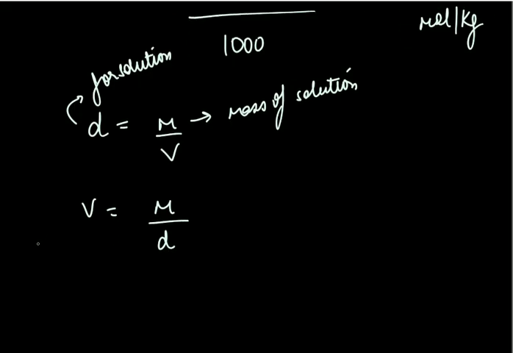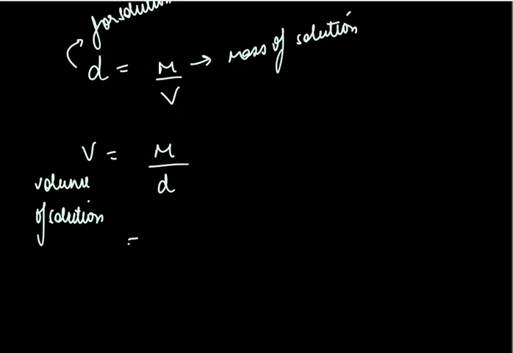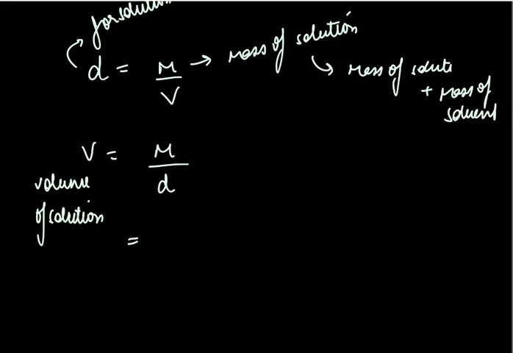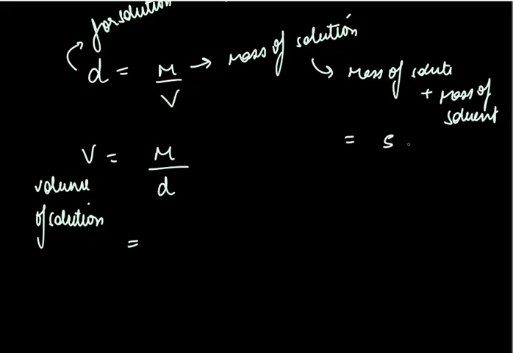Because we are calculating volume of solution, because we require volume of solution for the molarity, we don't require volume of solute or solvent. So what is the mass of solution over here? This will be equal to mass of solute plus mass of solvent, and we know both of them. 5 gram is the mass of solute and 1000 gram is the mass of solvent.